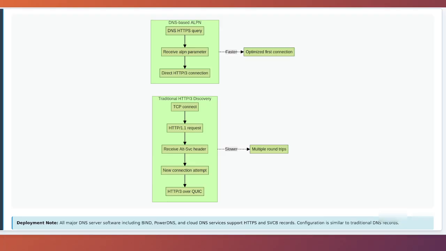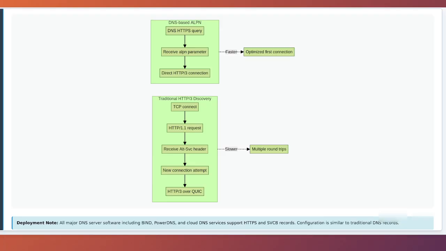Without DNS-based ALPN, a client typically starts with a TCP connection for HTTP/1.1 or HTTP/2, receives an Alt-Svc header indicating HTTP/3 support, and only then attempts HTTP/3 on a subsequent connection. With DNS-based ALPN advertising H3 support, the client can attempt HTTP/3 immediately on the first connection, potentially saving an entire round trip and reducing connection establishment latency.